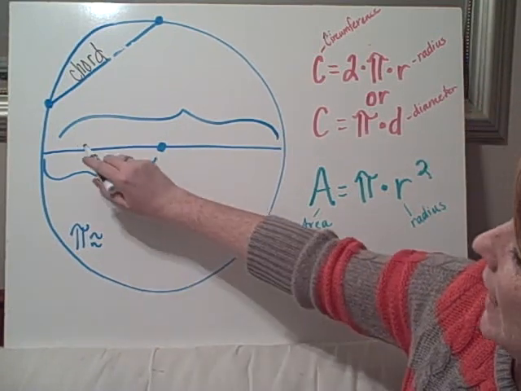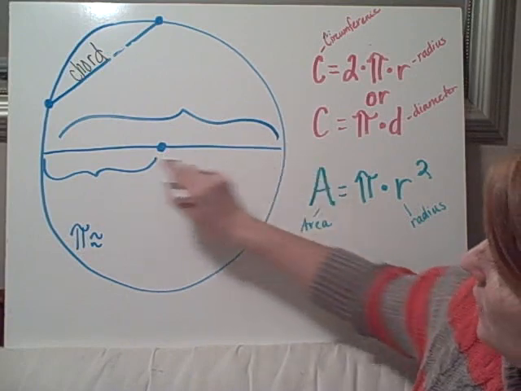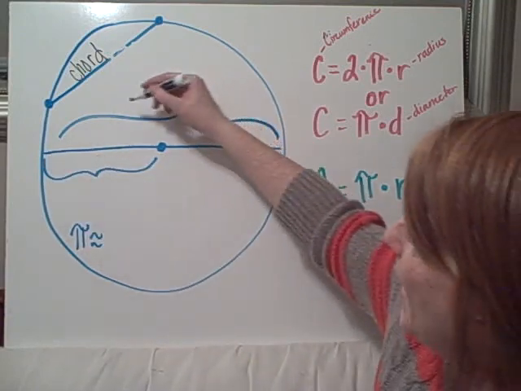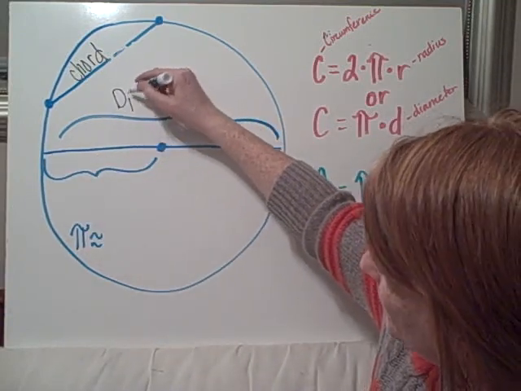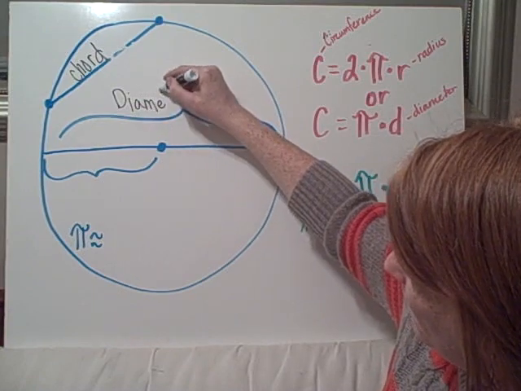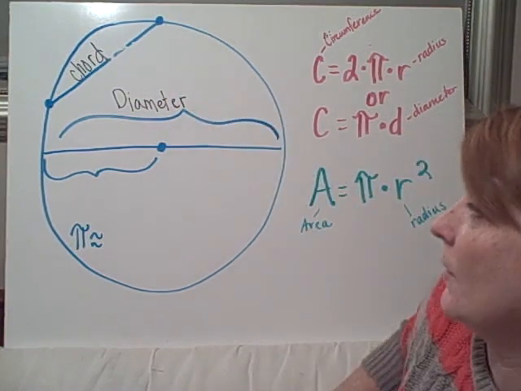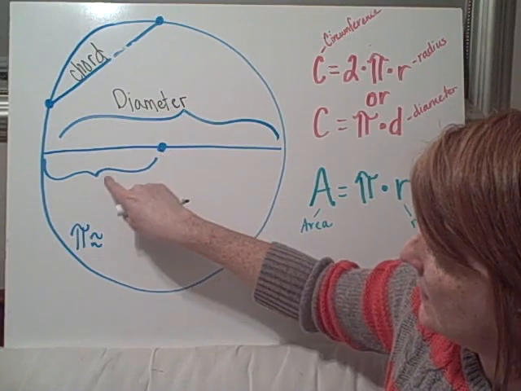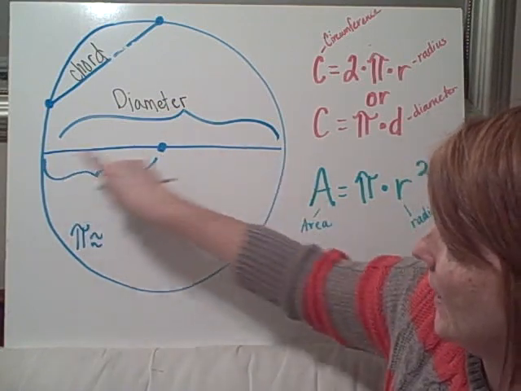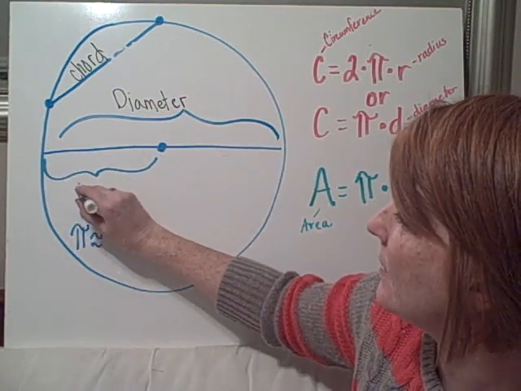Now, the next part we're going to identify is this long piece, all the way across the center of the circle. That is the diameter. This piece here, which is half of this length, is our radius.